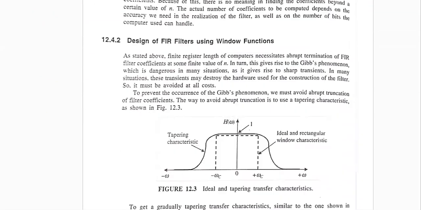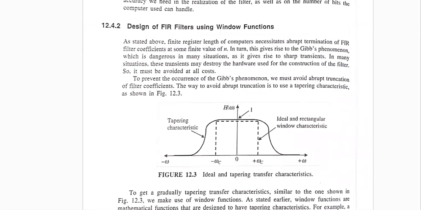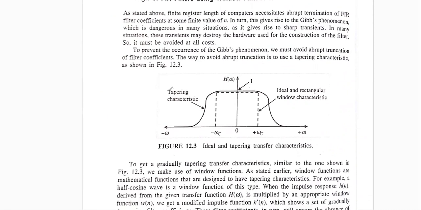Okay. Now, design of FIR filter using window function. Now we'll take the window function. As stated above, finite impulse response length, that means a finite number of coefficients in the computer, necessitates abrupt termination of FIR filter coefficients at some finite value of n.